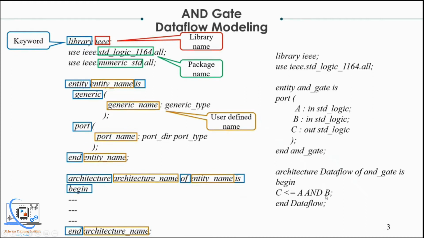We are assigning the result of A and B to C. Whatever is on the right hand side, A and B, we are assigning it to the left hand side value C. You don't have to write anything else. This and will do everything. And the logic behind this is stored in the package std_logic_1164 that we are using here.